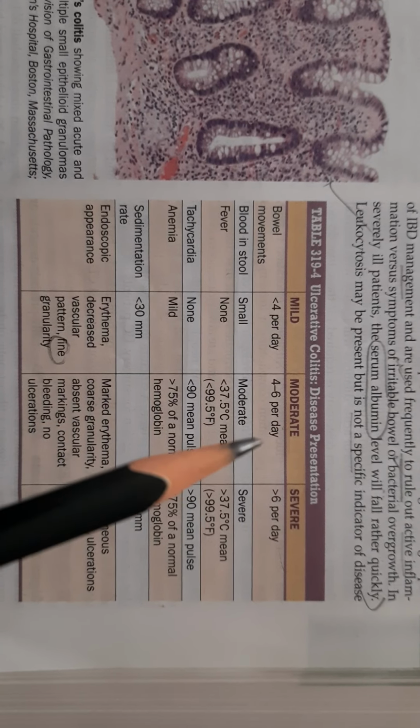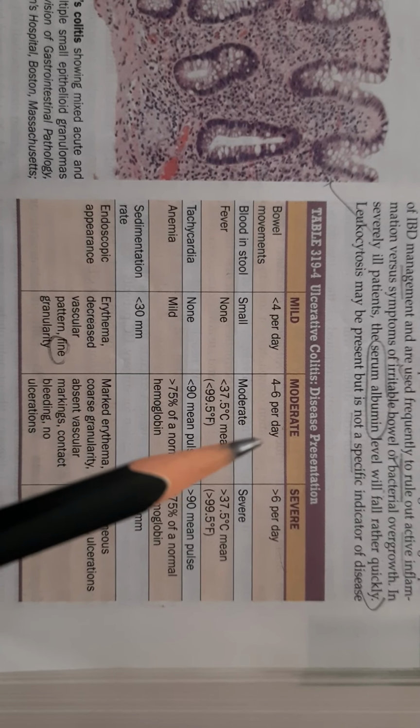This is the colonoscopic picture of ulcerative colitis. As you can see, diffuse mucosal disease and broad areas of ulceration. Then another image I will show you. This is the colonoscopy picture of acute ulcerative colitis.